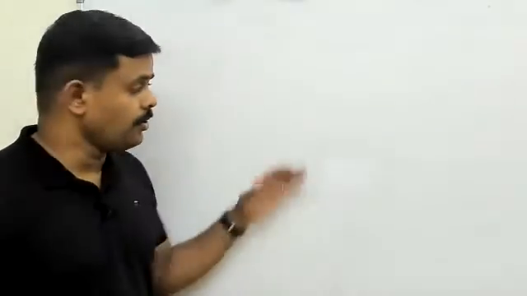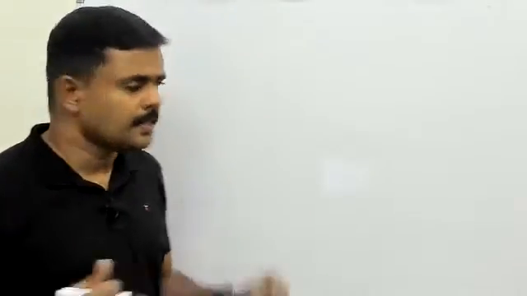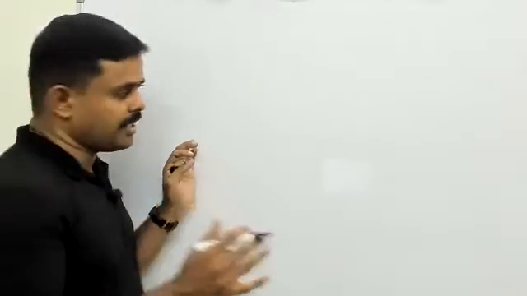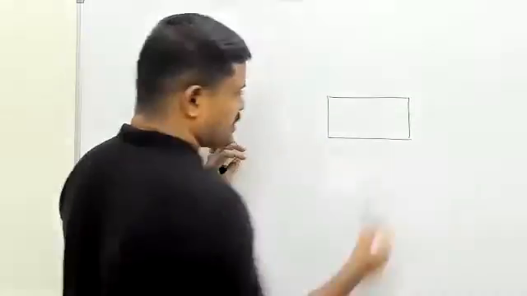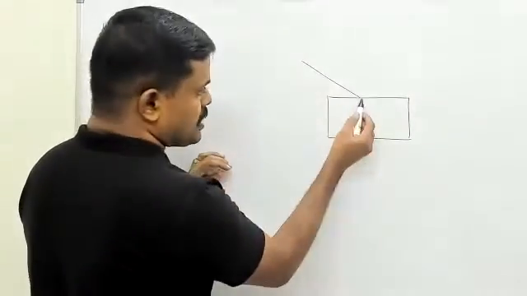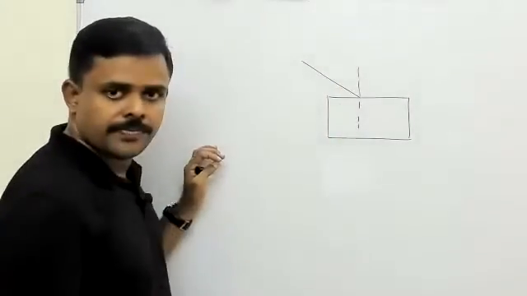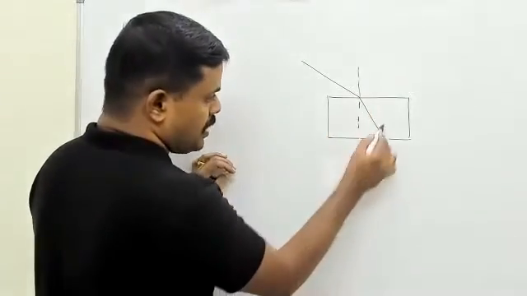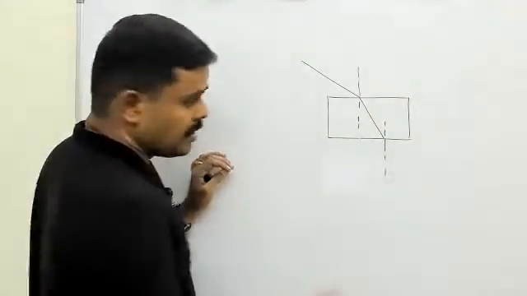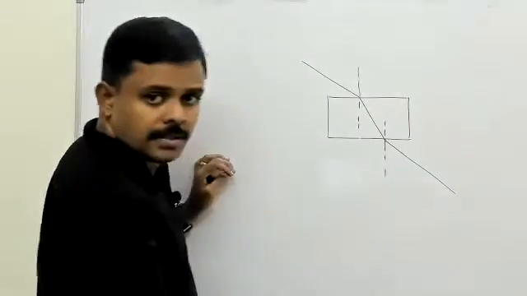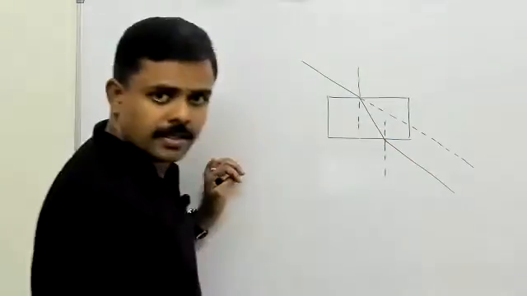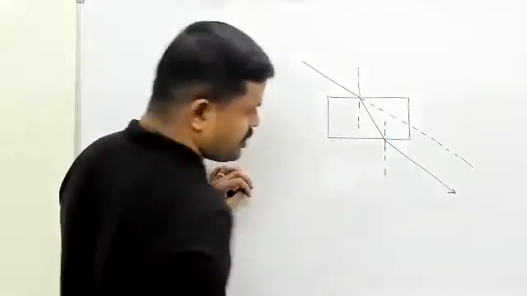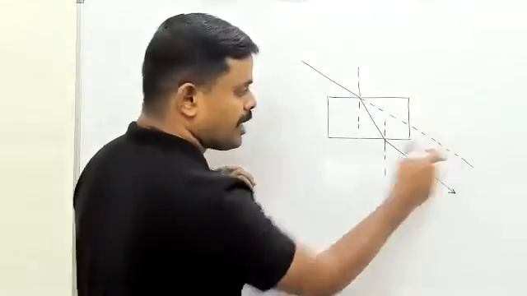All right. So the next point is, you won't have numericals based on this, but anyway, just know this. If we have a glass slab like this, and a ray of light falls on the first surface, it undergoes bending, falls on the second surface, and goes out like this. If you extend the incident ray and consider the emergent ray, you can see that they are parallel to each other.